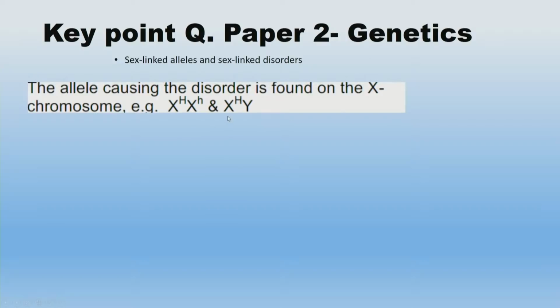If we look at this, please use the letters that the question gives you. We are used to sex-linked disorders, in this case H for hemophilia, but sometimes they use another letter in the exam. So focus on the letter that the exam paper gives us to work with, and use that one and not our own letters, because then the whole diagram is wrong.